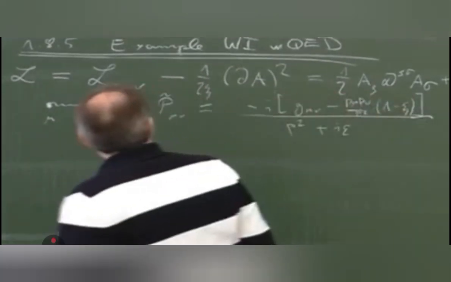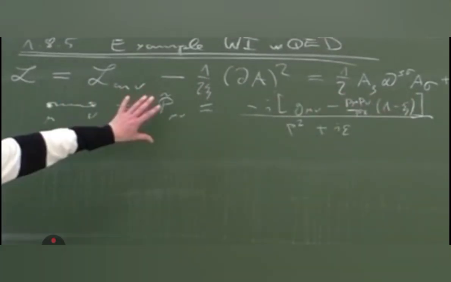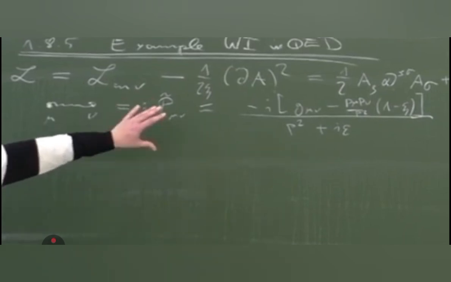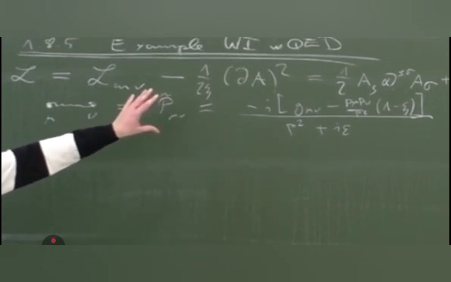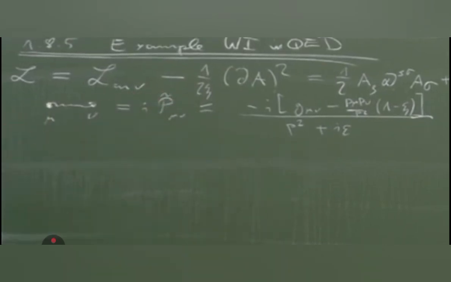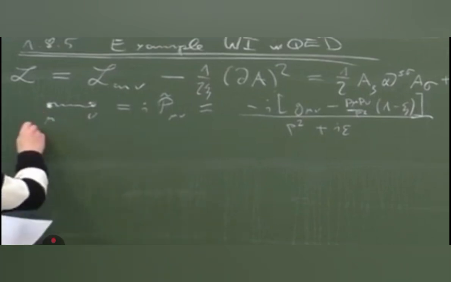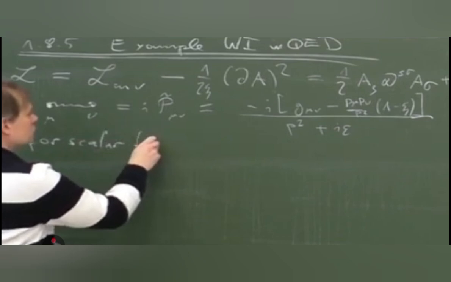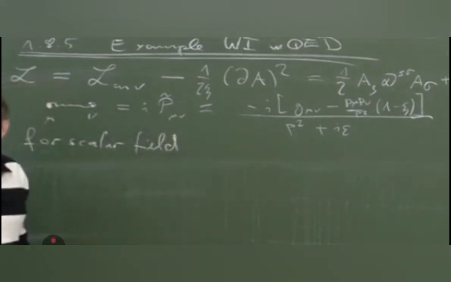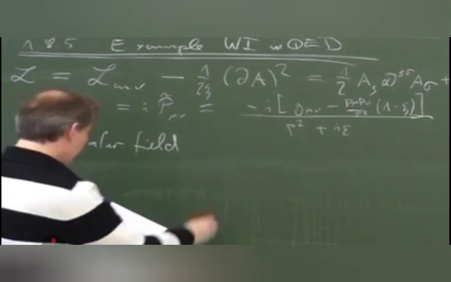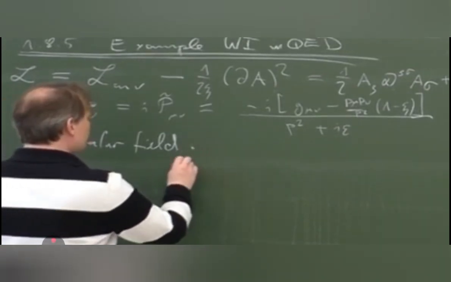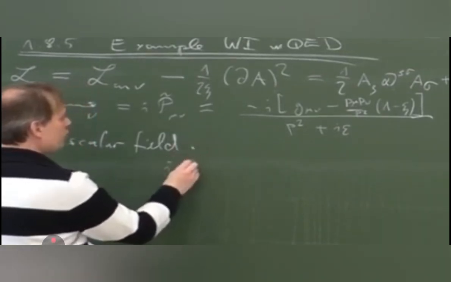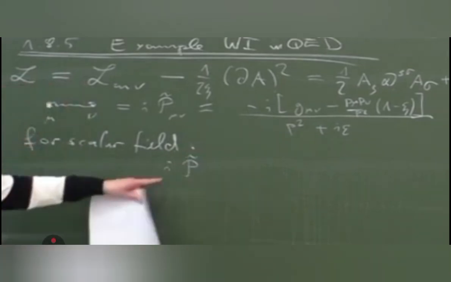Now, let us write down something else which is not needed in QED, but which is useful for us now. Namely, let us write a scalar field propagator. For a scalar field, which we discussed in quantum field theory 1 extensively, we also have a propagator. Let me call it just p-tilde without index, i times p-tilde.